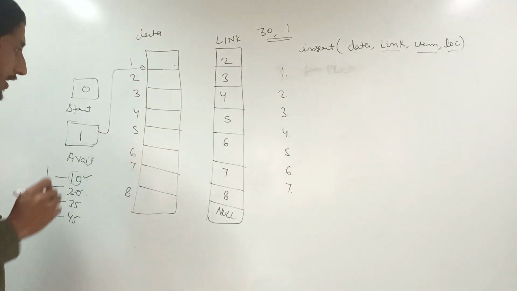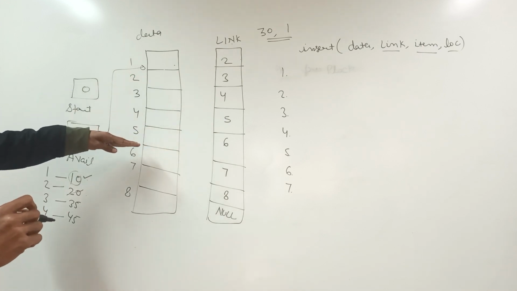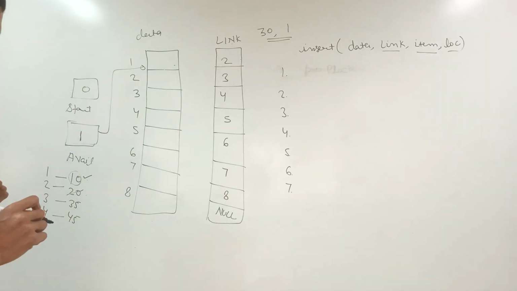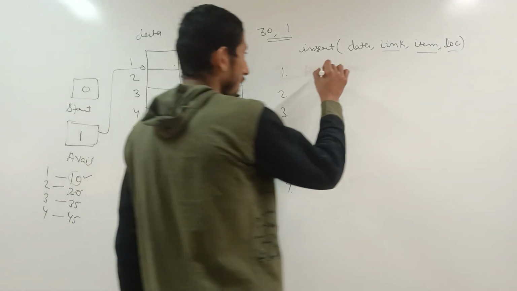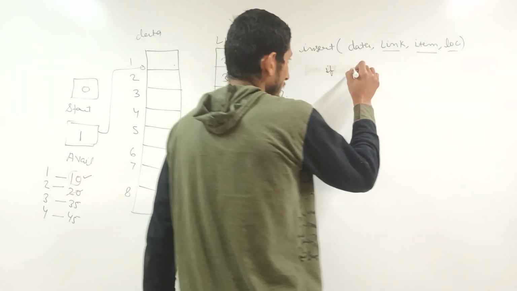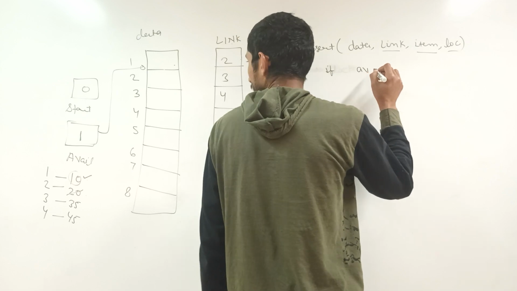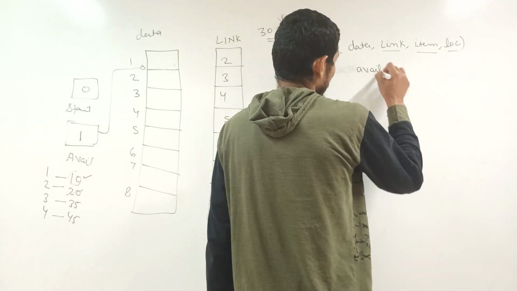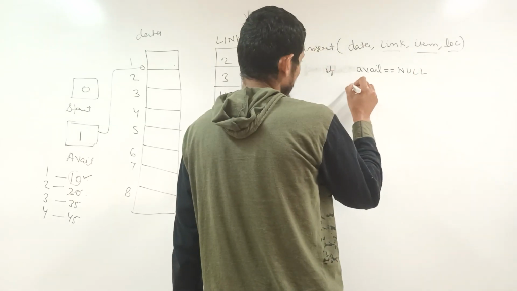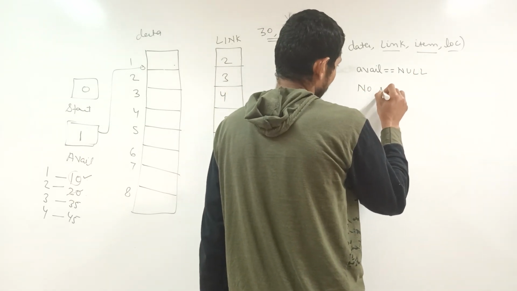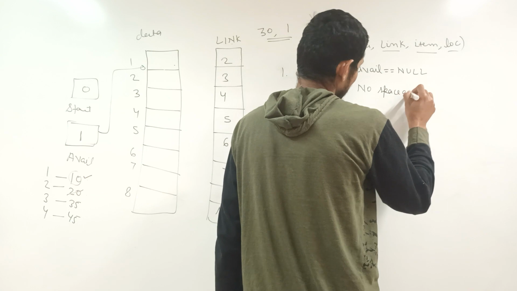If all elements have been filled inside the array, I will say that there is no space. It means if avail equals null, I will print no space and exit.